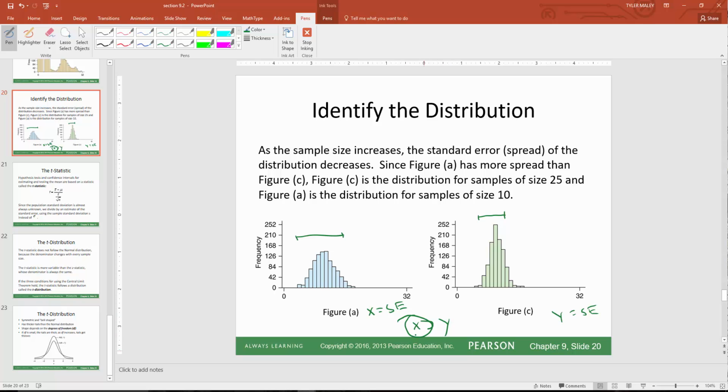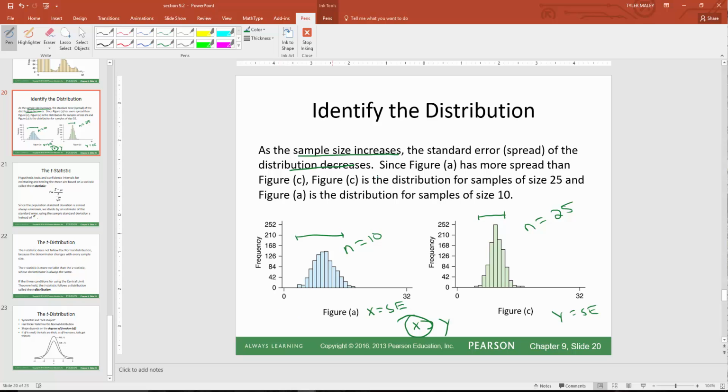Figure A has a higher standard error, more spread. We know that as sample size increases, the standard error decreases. So since this has a higher standard error, we would expect this to be the lower sample size. So this would be a sample size of 10, and this should be a sample size of 25.